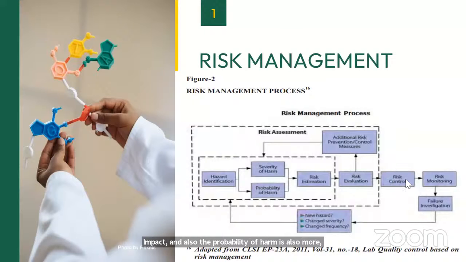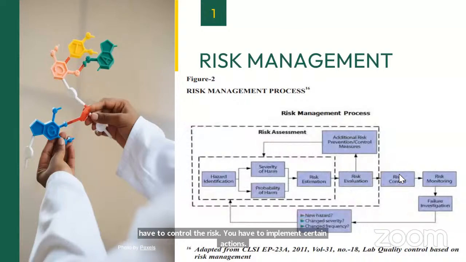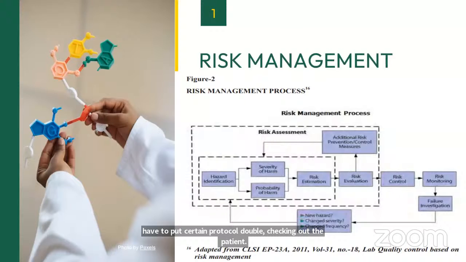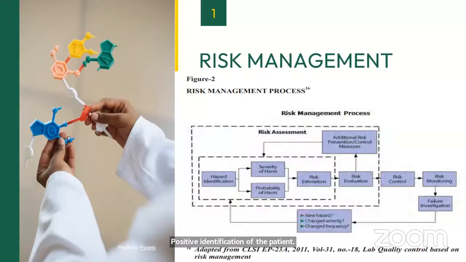You have to control the risk, implement certain actions and put certain protocols in place: double checking of the patient, positive identification of the patient, a minimum of two identifiers. Then you have to monitor those activities, to see whether after putting all these things in place there are still any chances of patient misidentification. So you have to keep monitoring.